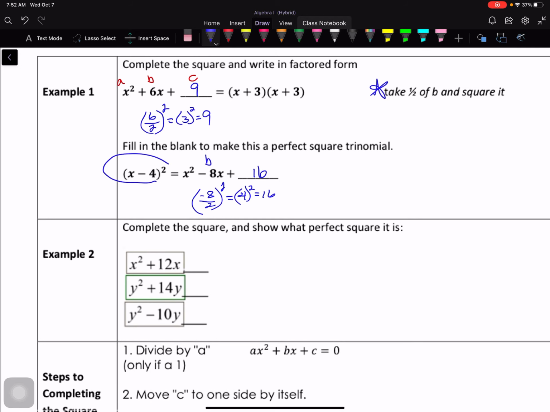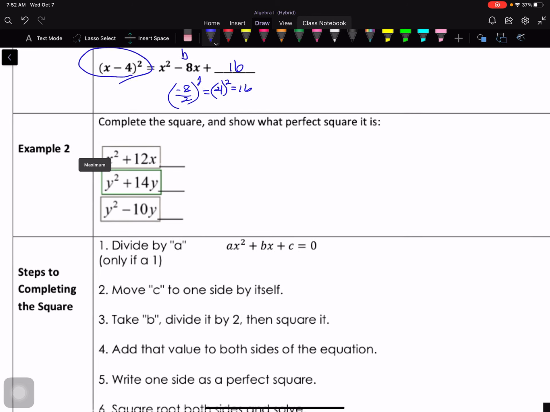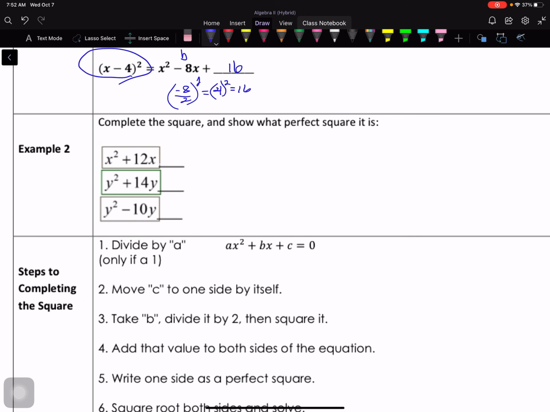I'm going to show you how to get these answers rather quickly. So x squared plus 12x plus blank. You're always going to add c when we complete the square. So the first one, we take half of b and square it. 6 squared is 36.